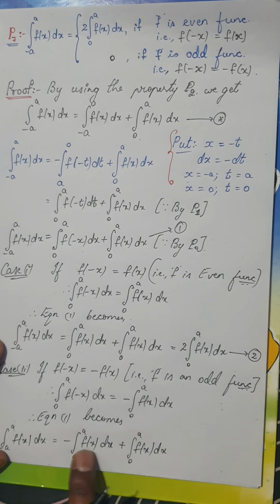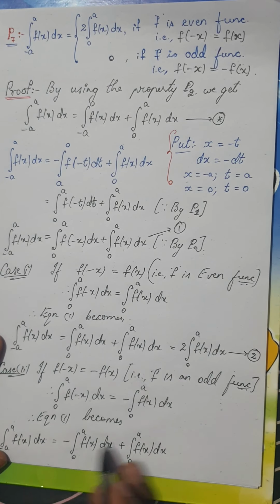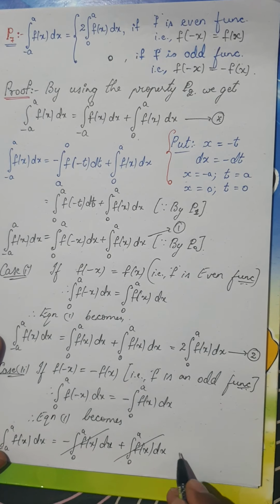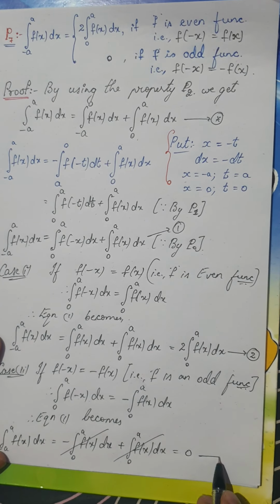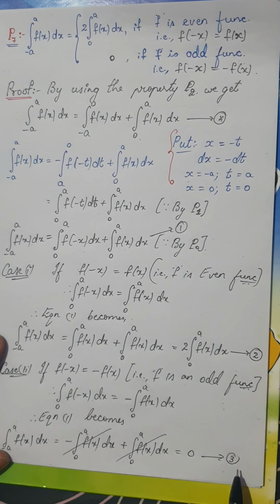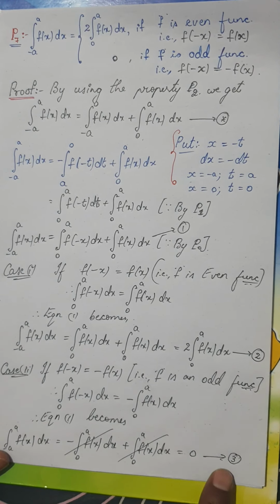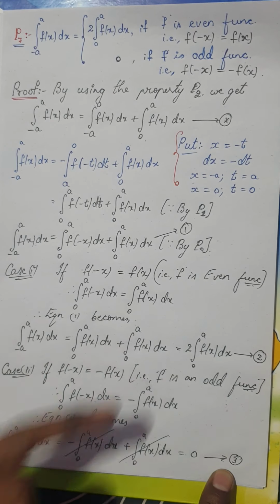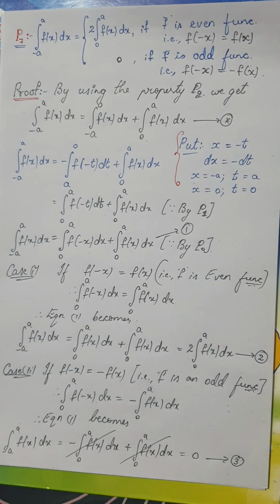You can see both are one and the same integral, one with minus, the other with plus. This becomes 0 because minus and plus cancel. So you have another equation, equation 3. By clubbing equations 2 and 3, I get back my proof.